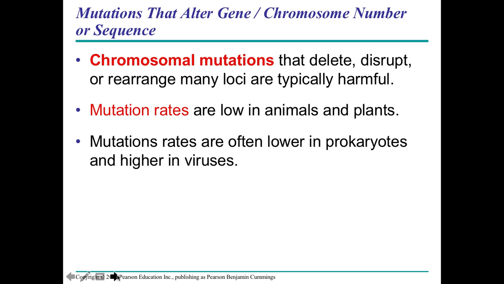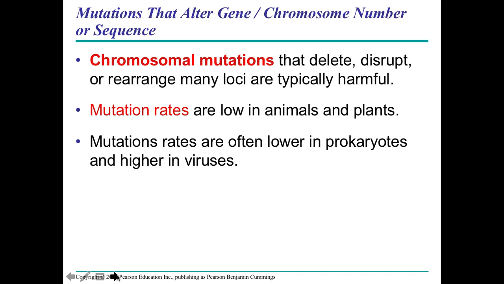Chromosomal mutations are just what they sound like, mutations on your chromosomes. They can delete, disrupt, or rearrange genes in loci, or just locations of genes, and are typically harmful. Mutation rates are low in animals and plants.